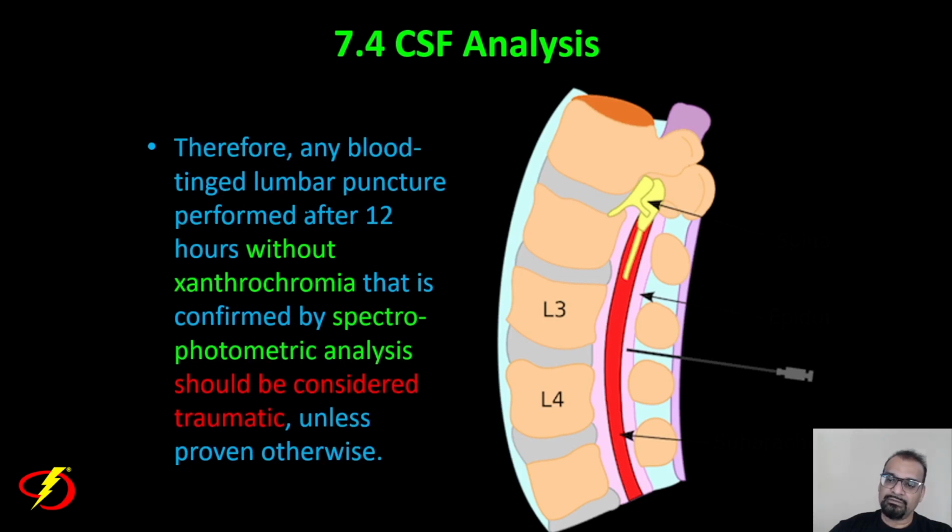Therefore, any blood-tinged lumbar puncture performed after 12 hours without xanthochromia, confirmed by spectrophotometric analysis, should be considered traumatic. So this tap that's red, has red blood cells in it, but does not contain xanthochromia, should be considered traumatic.